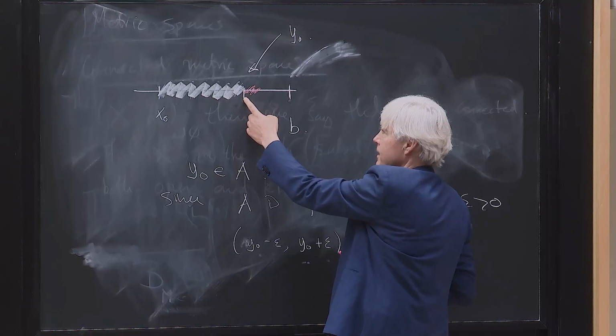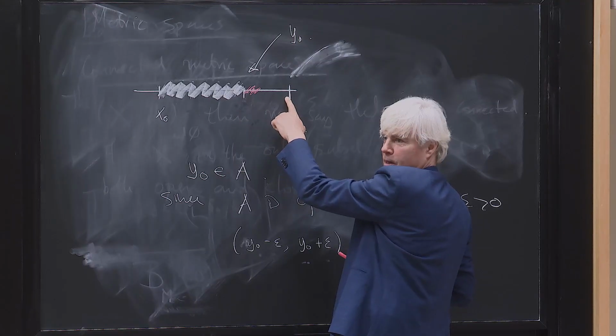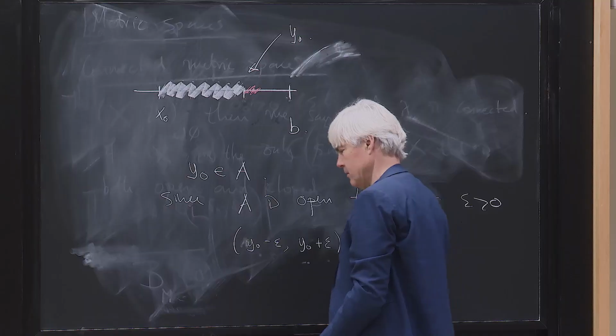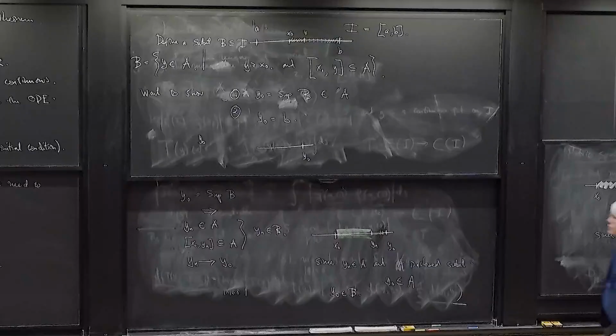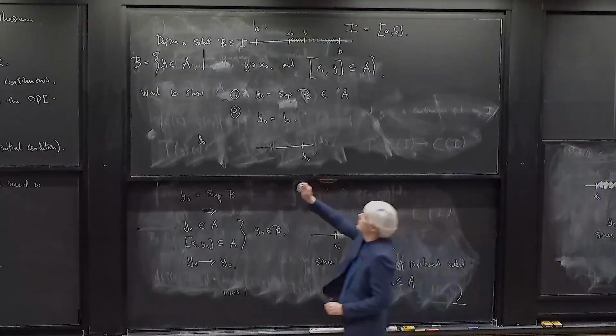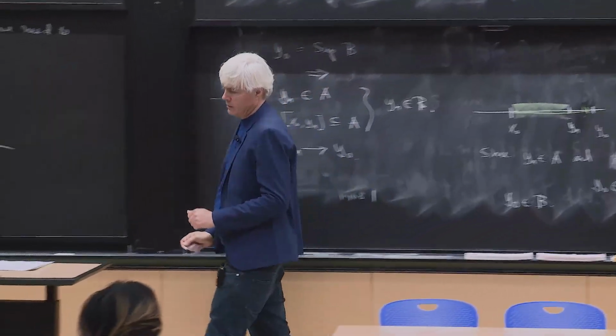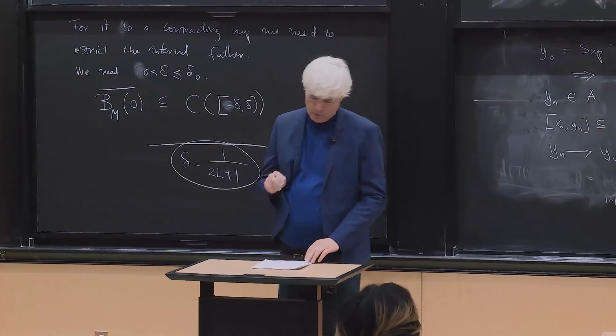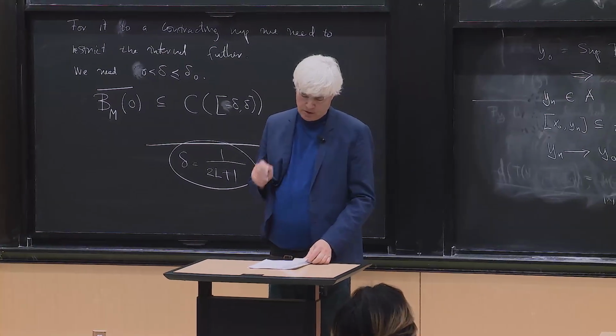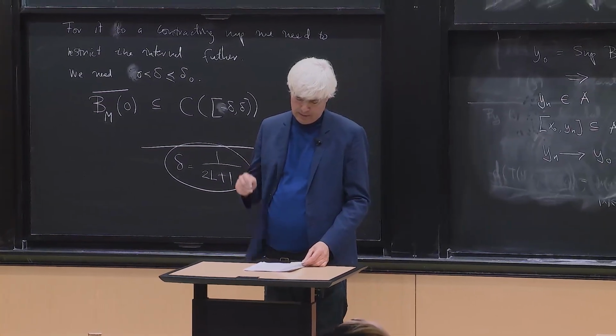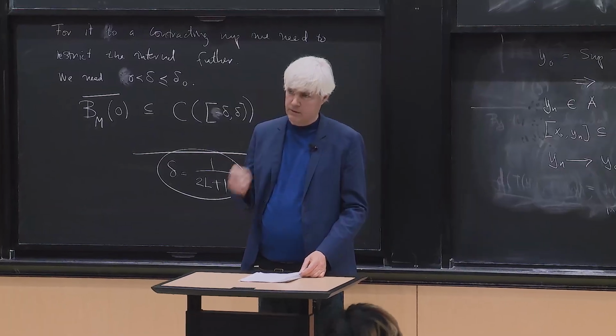Therefore, this point had to be B. It had to be the final point. So this proved this property. And once you have these two properties, you have that the interval is connected, that the only non-empty subset of the interval that is both open and closed is itself.